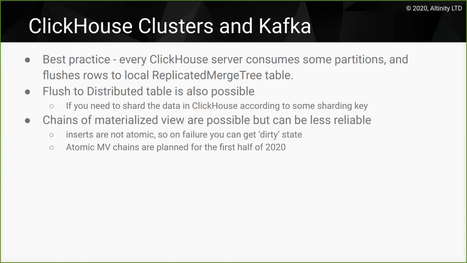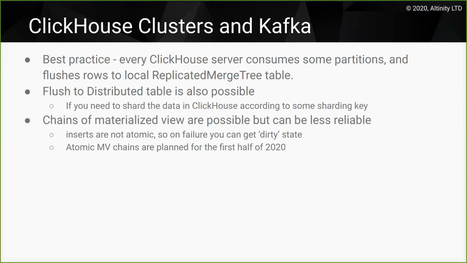When you have a cluster of ClickHouse, usually you have a cluster of ClickHouses and a cluster of Kafkas. The best practice is that every ClickHouse server consumes some partition or partitions and flushes rows locally to its local ReplicatedMergeTree. After that, replication will work and copy the data to the other ClickHouse servers.